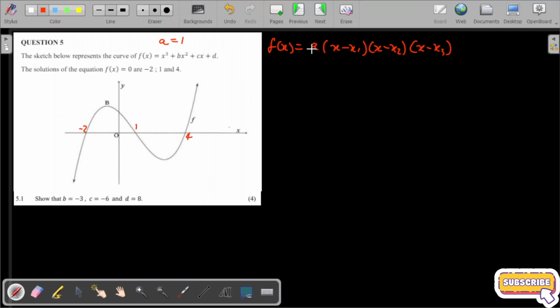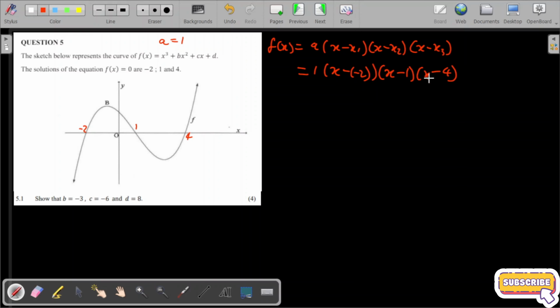I already know the value of a, which is 1. So it's 1 into x minus my x1, which is -2, so it's going to be negative like this. And then x minus 1, and then x minus 4.